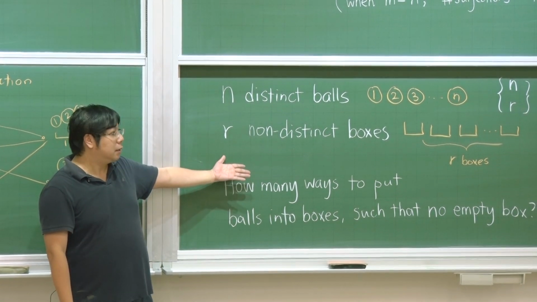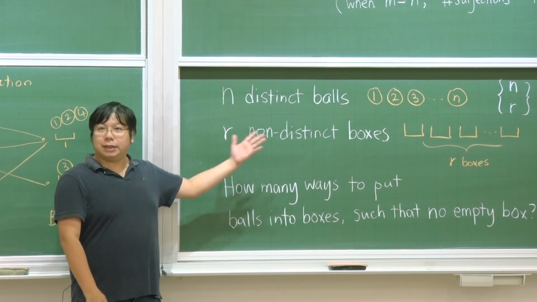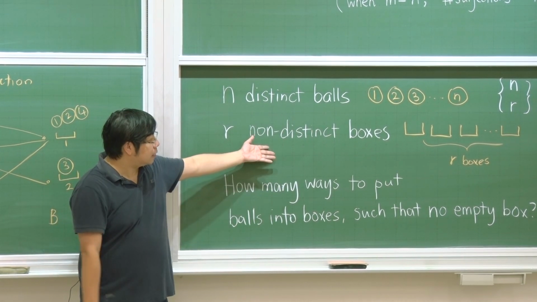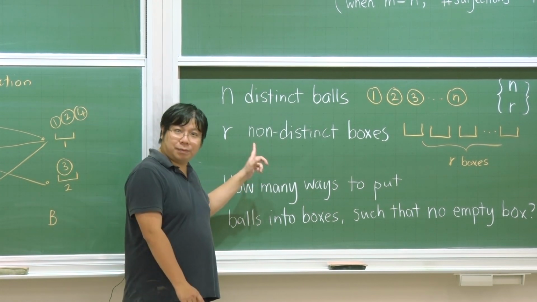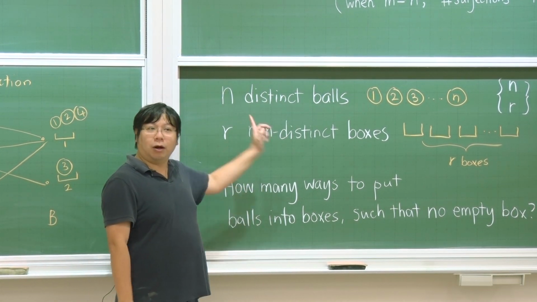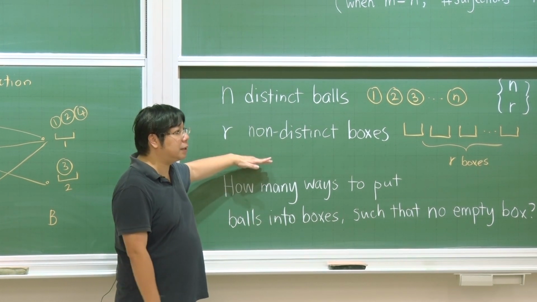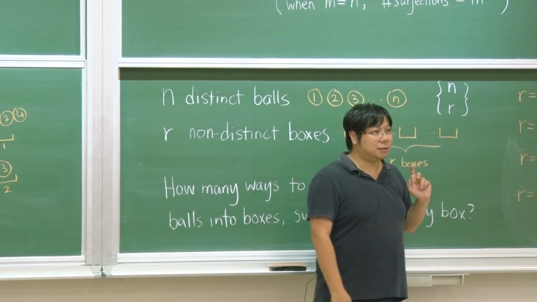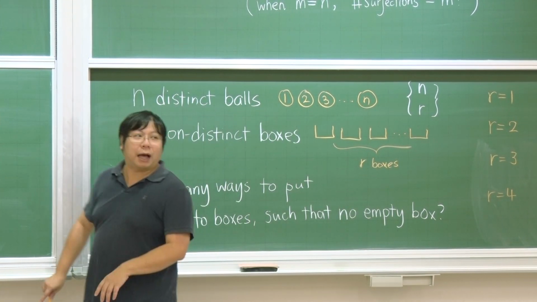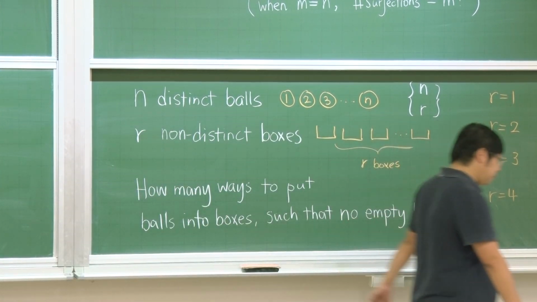If you look at it, we are still listing out the cases one by one. But I love this method a lot. It is because there is a very efficient way to find out what is the value of this n, r. So this is what I'm going to tell you now.